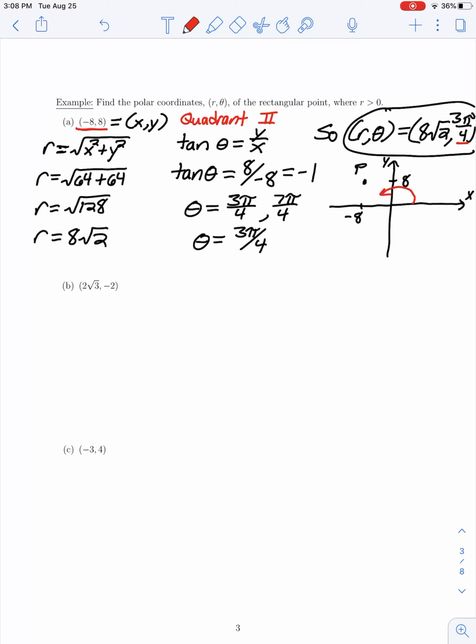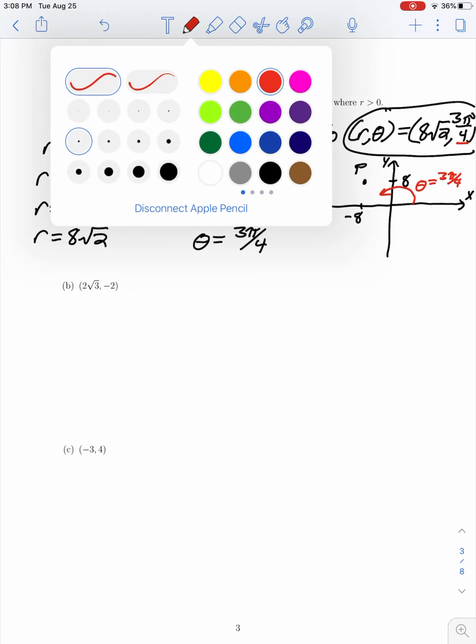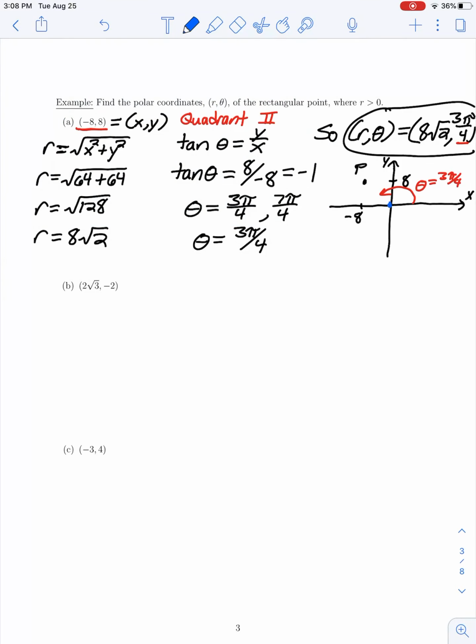So we rotate counterclockwise by 3 pi over 4 radians. And then along the line determined by that angle from the origin, we move outward a distance of 8 root 2 units to get to that point. So that's another representation that we could use here. All right, so let's look at another one.